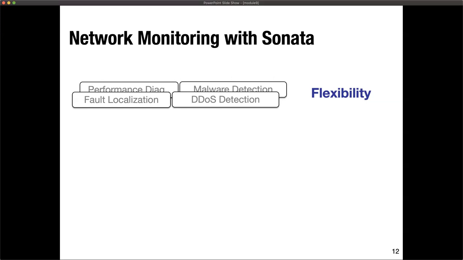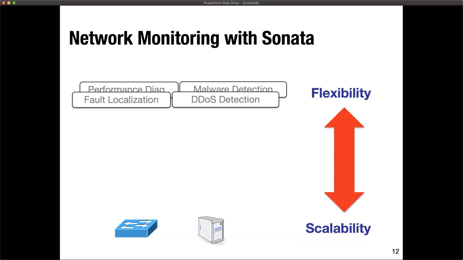But once you provide this extreme level of flexibility, you can imagine that supporting scalability, or scaling these types of queries, is going to be extremely challenging. And this is exactly where Sonata comes in: there's a fundamental gap that exists between flexibility and scalability. Scalability is limited because we have limited resources overall, right?